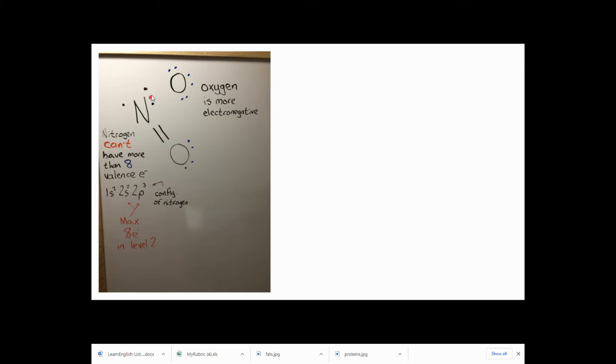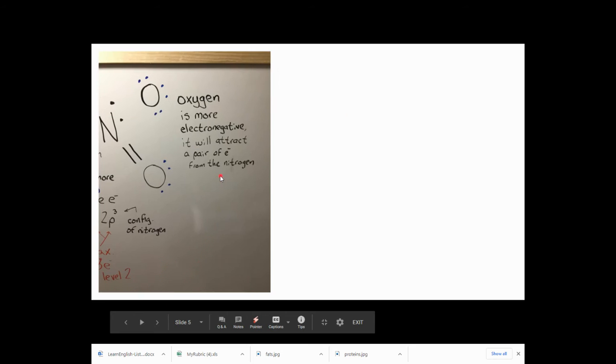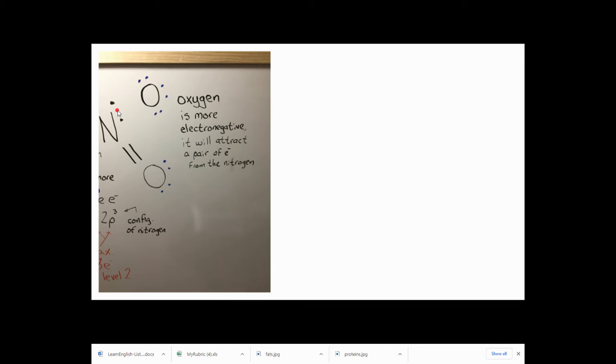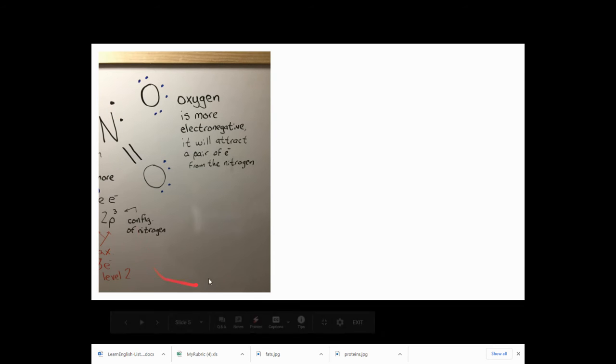So there is no way that nitrogen is going to make a double bond here, or that principle would be violated. So what is going to happen in that case? Since oxygen is more electronegative, it will attract a pair of electrons from the nitrogen, this pair.